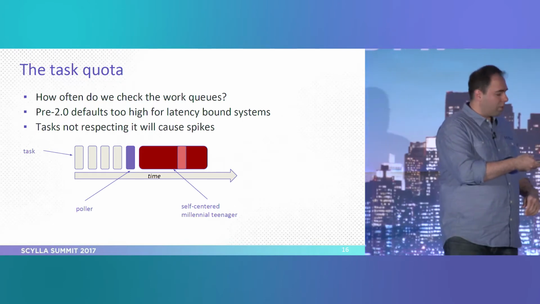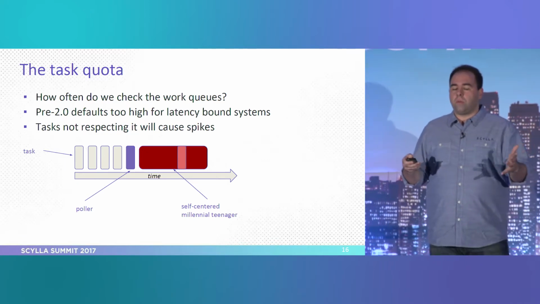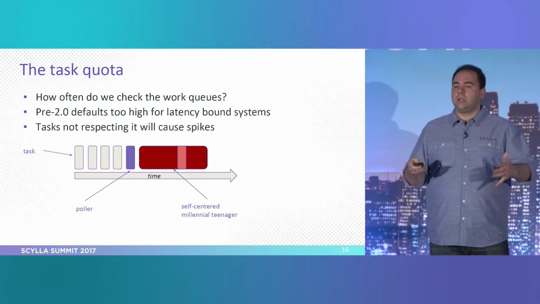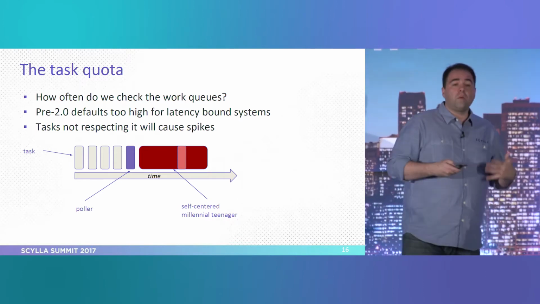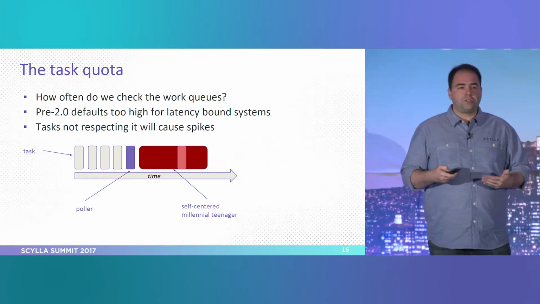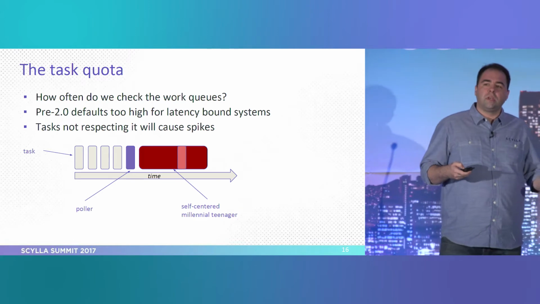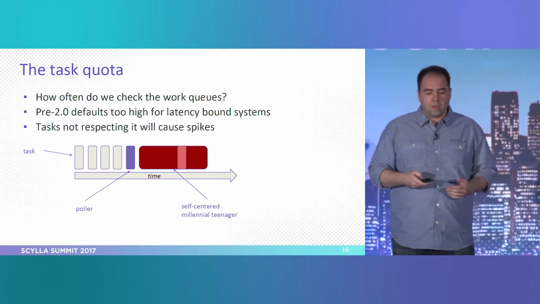This blue thing here, the pollers, they happen periodically, and that period we refer to as the poll period or the task quota. Now, the more often we poll, the better your latencies are going to be. But your throughput tends to decrease because that's a fairly expensive process, and you trade one from the other.